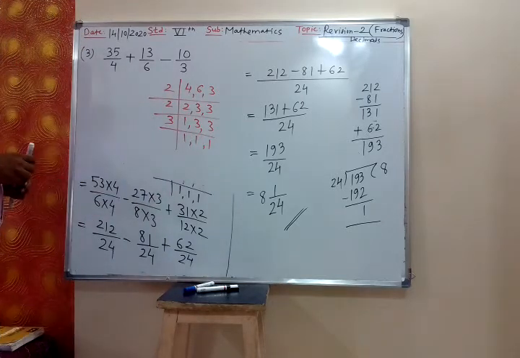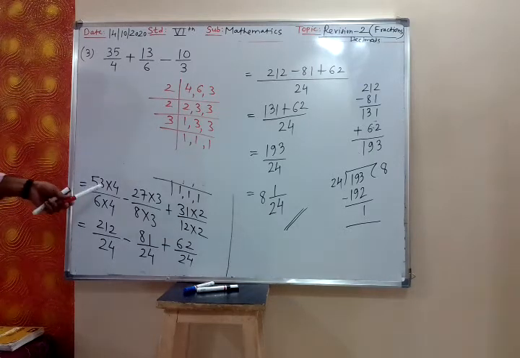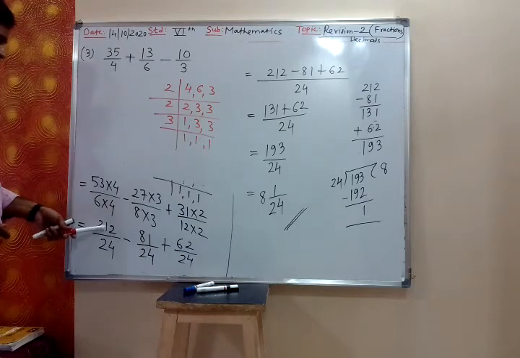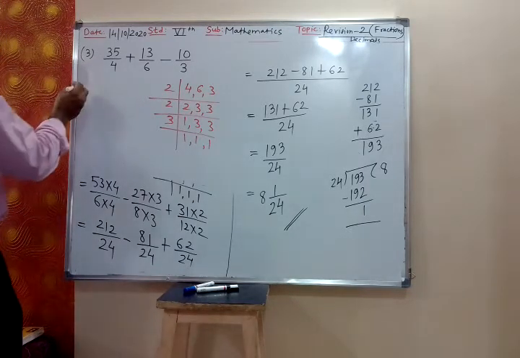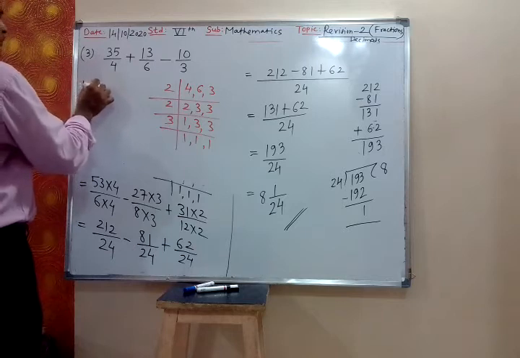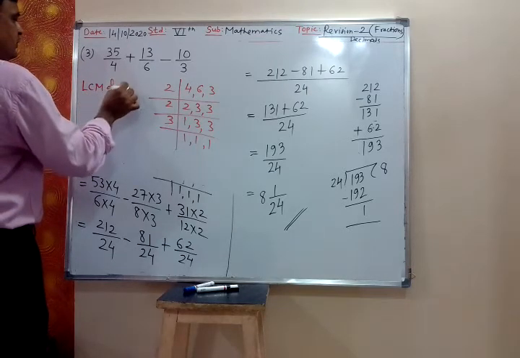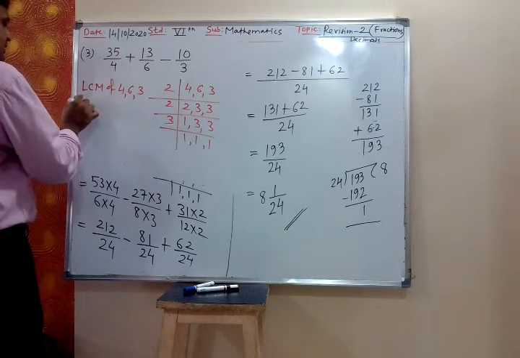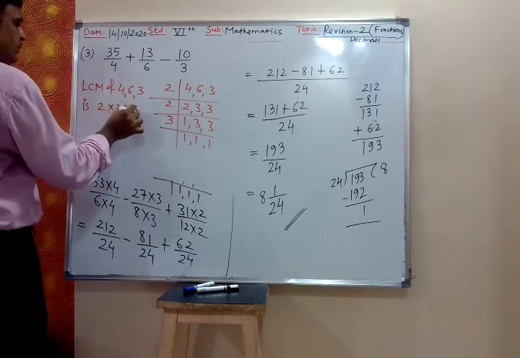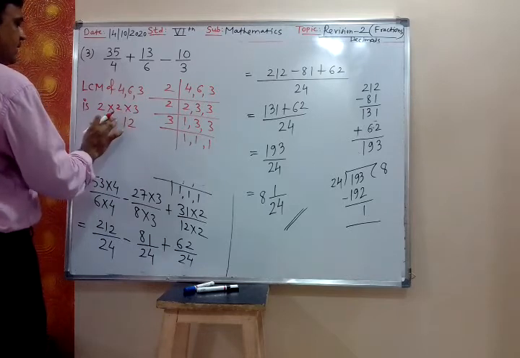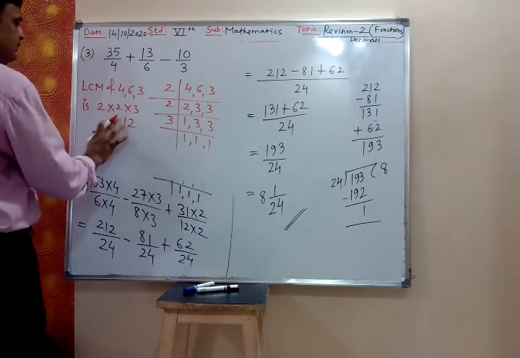The LCM of 4, 6, 3 is 2 into 2 into 3, that is 12. 12 is the LCM.